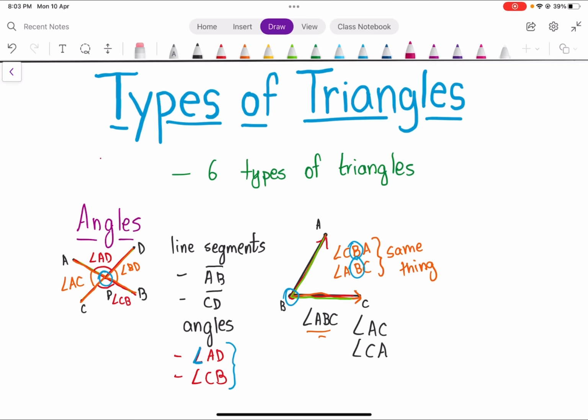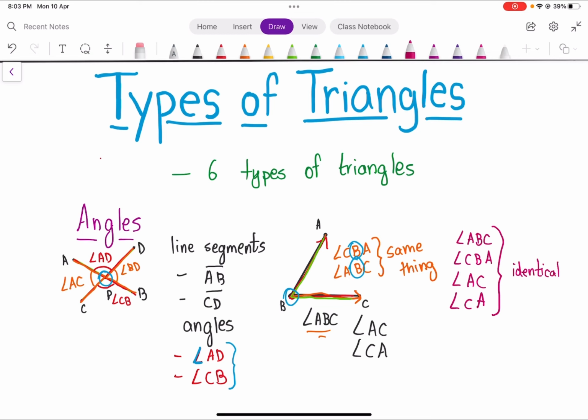So let's go through that one more time. Over here in our angle, ABC, CBA, AC, and CA are all identical, meaning they're all the same thing.